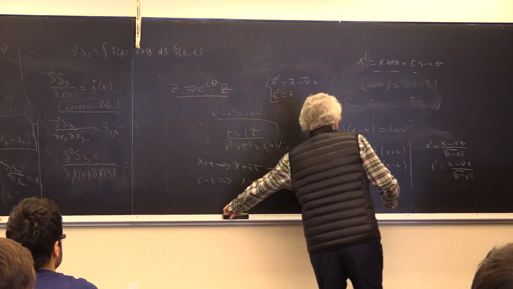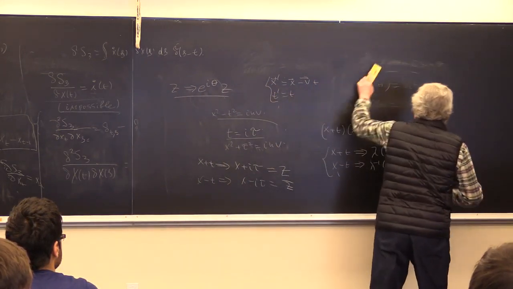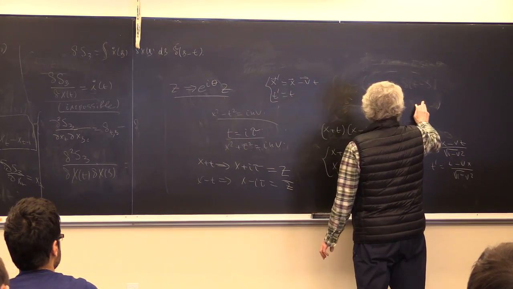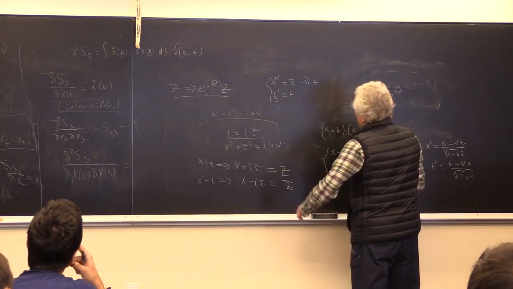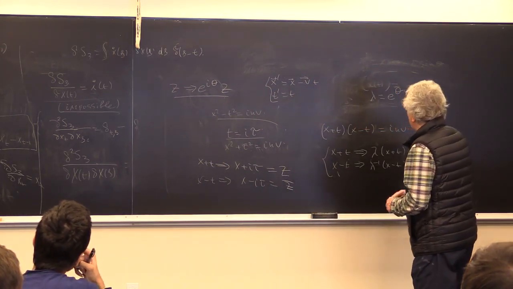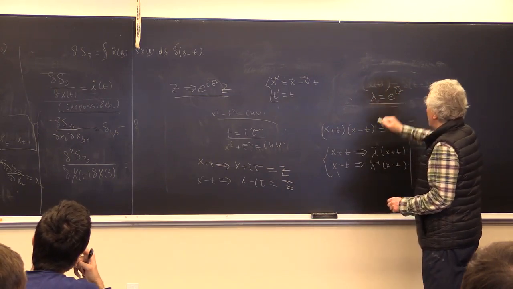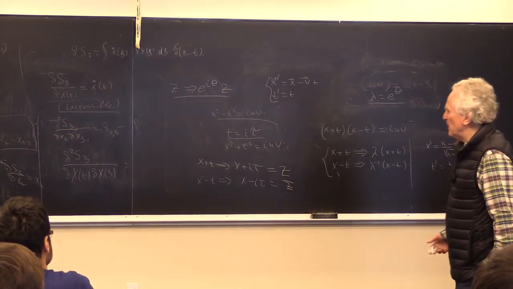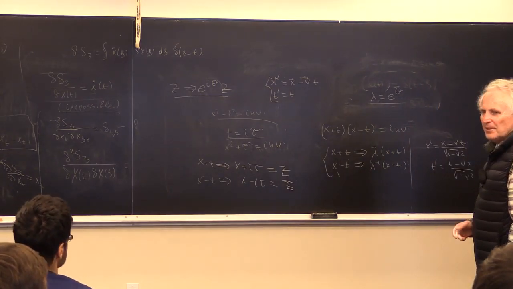I will help you by changing notation here. I will introduce a new variable, which is sometimes called rapidity, which is e to the θ. It should help you to understand the meaning of this transformation.